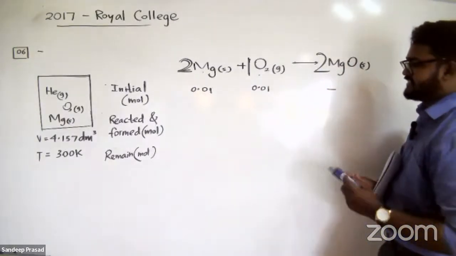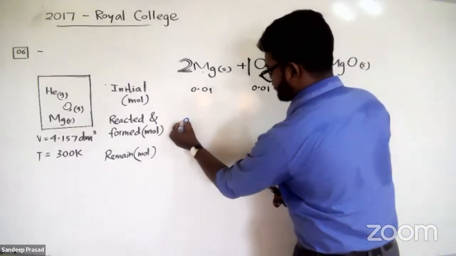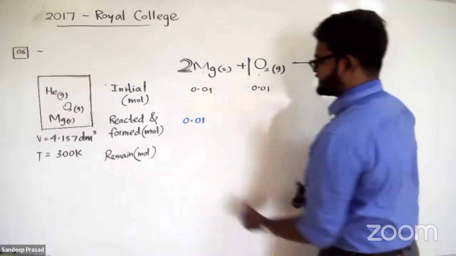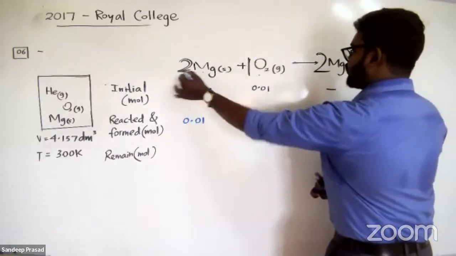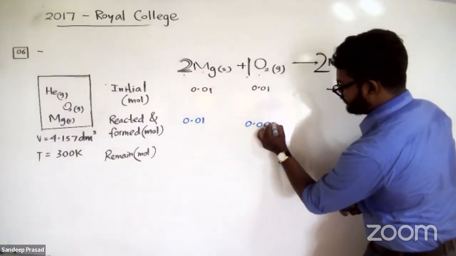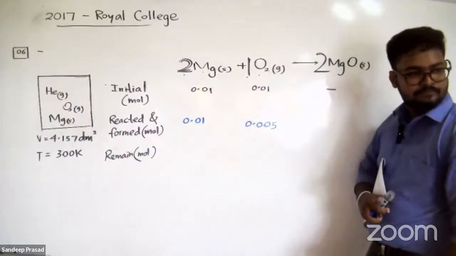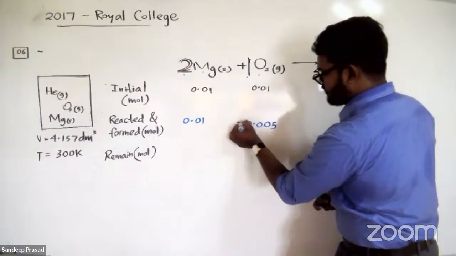If I write here in this way, look at this one. If I consider 0.01 of magnesium is reacting, with half of that, 2:1 means half of it, 0.005. Half of 0.01 is 0.005.